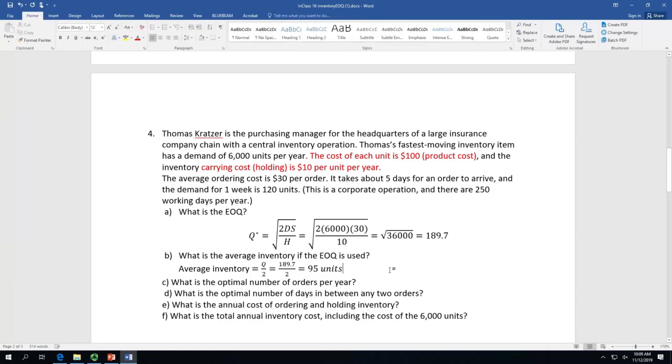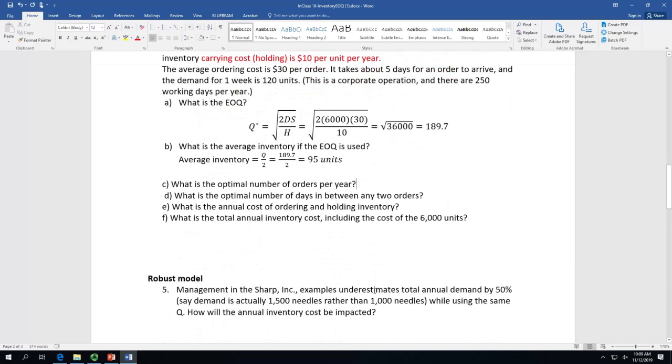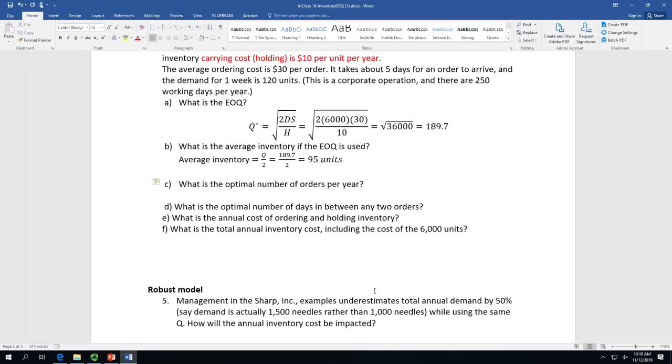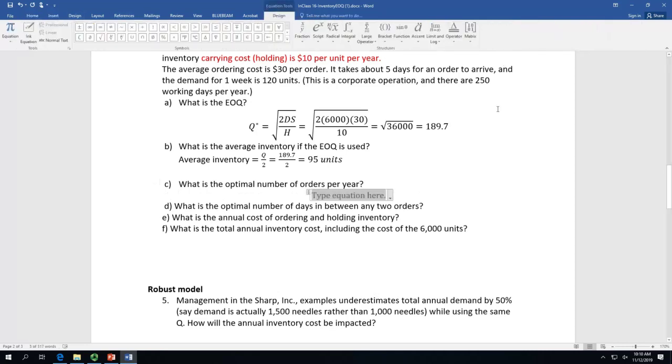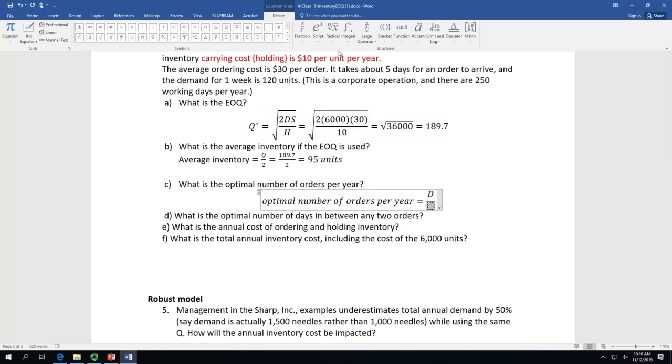The question is simple, but it tries to check whether you understand the EOQ model. What is the optimal number of orders per year? The optimal number of orders per year equals yearly demand, D, divided by Q star.